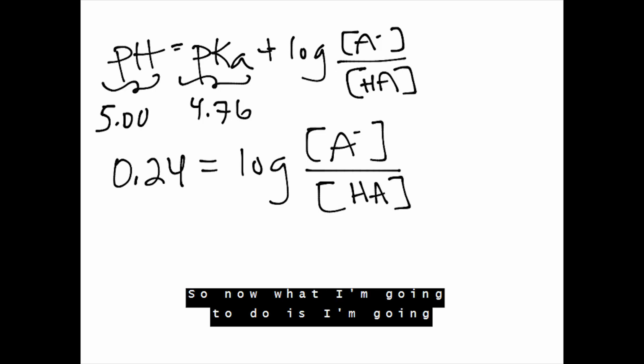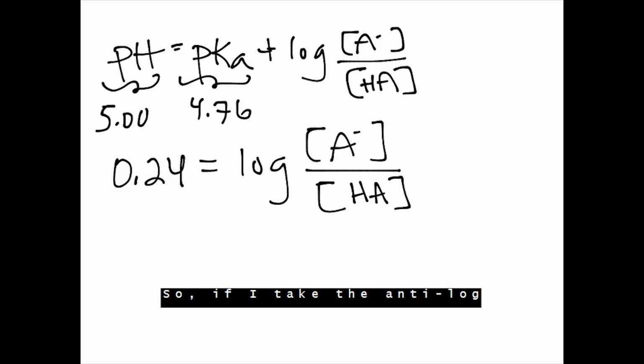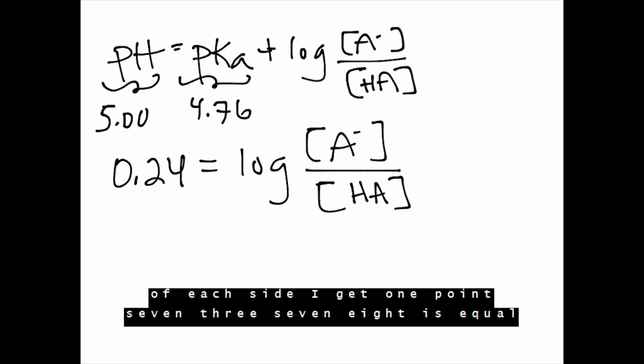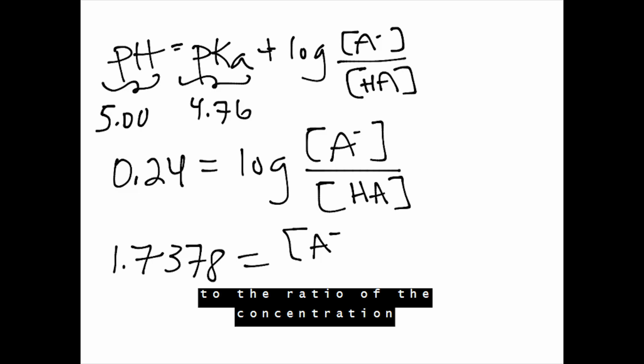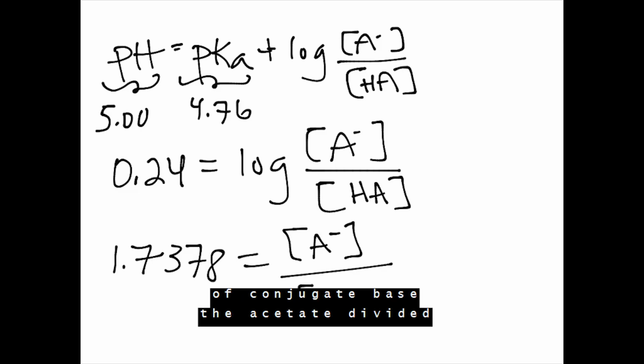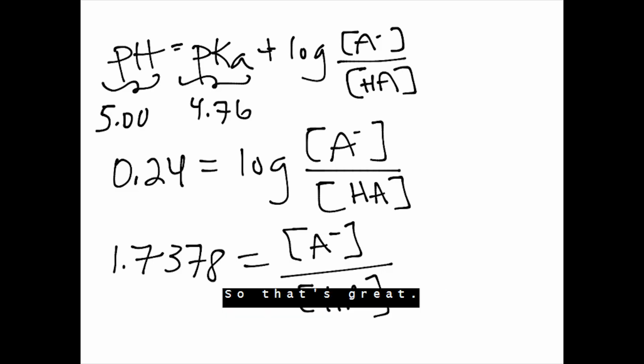So now I'm going to take the antilog of both sides. If I take the antilog of each side, I get 1.7378 is equal to the ratio of the concentration of conjugate base, the acetate, divided by the concentration of the acetic acid. So that's great.